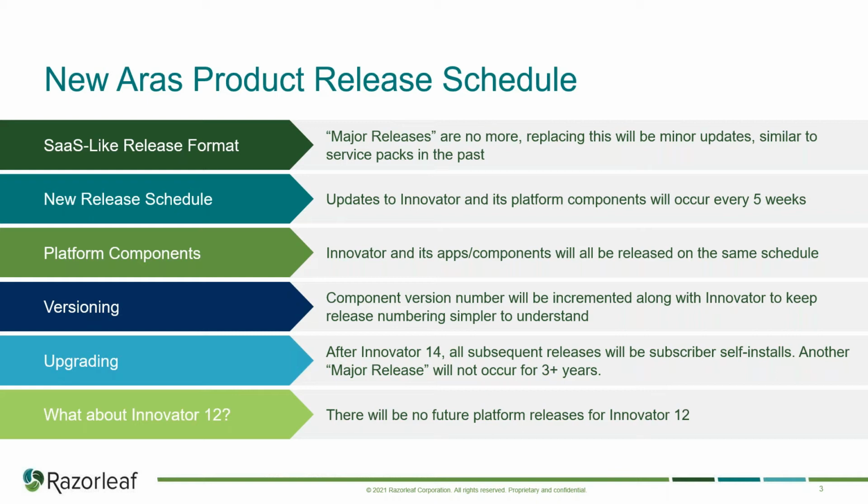What you're going to see is the service packs, and for the most part the major releases, which were major, right? Major code combinations, disappear. Now we'll be into a consistent release schedule with a consistent release and recertification of the applications and the platform itself.